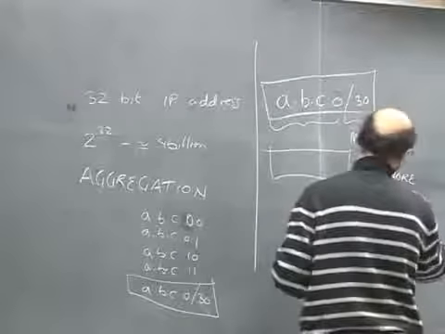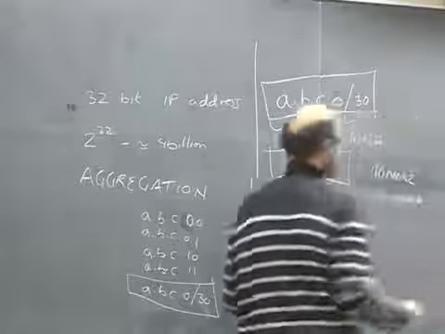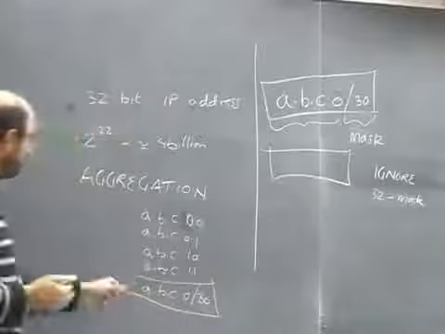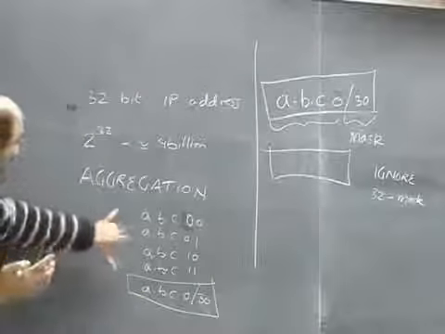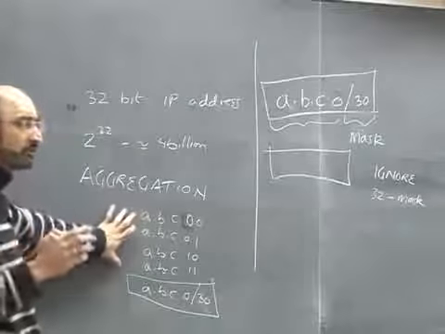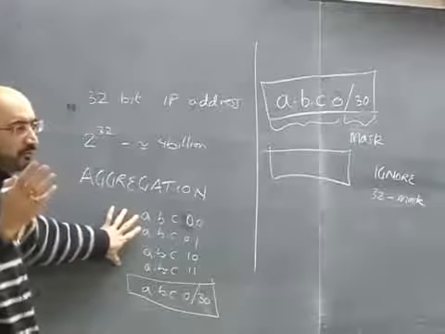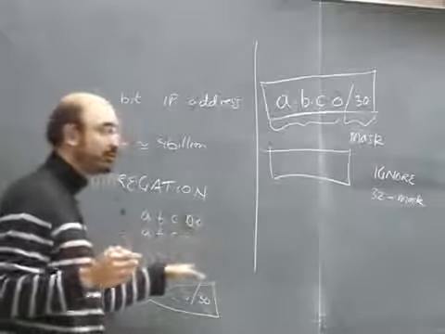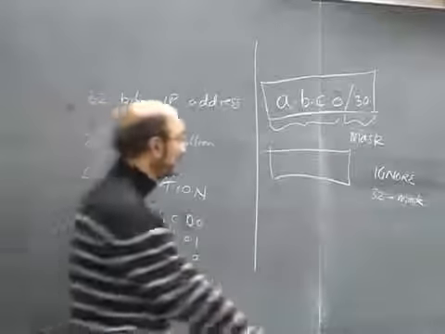So 32 minus the mask length is the number of bits to ignore. That means that if anybody else wants to refer to all 4, they can ignore the last 2 bits, the 00, 01, 10, 11. Why is that?